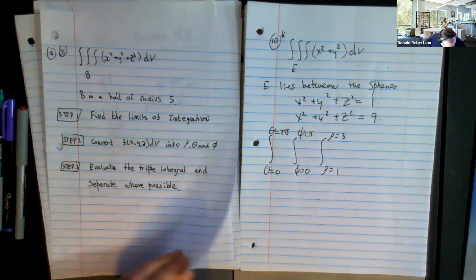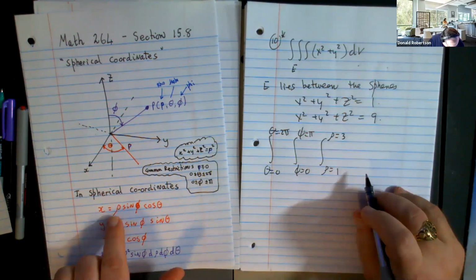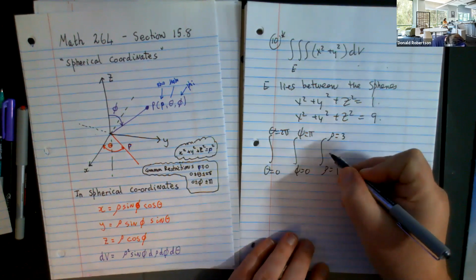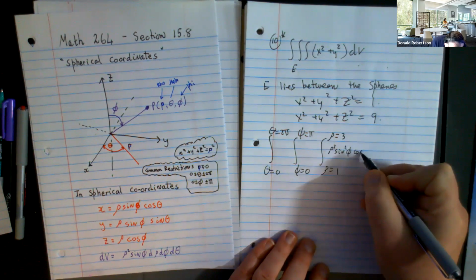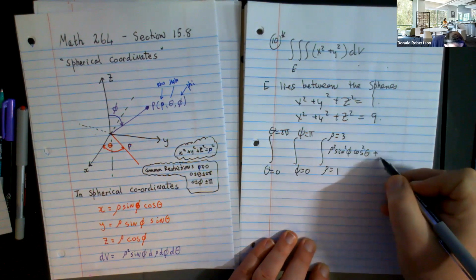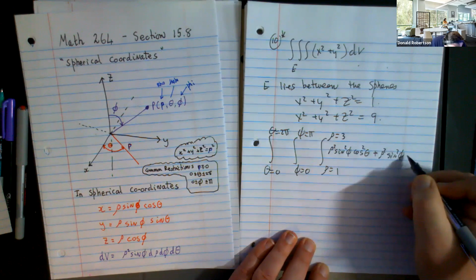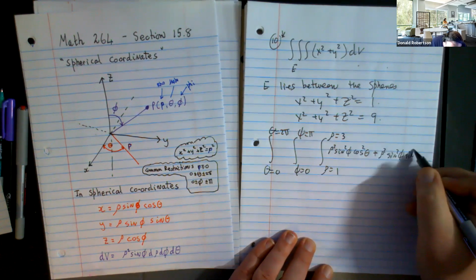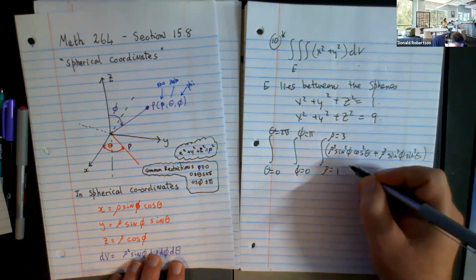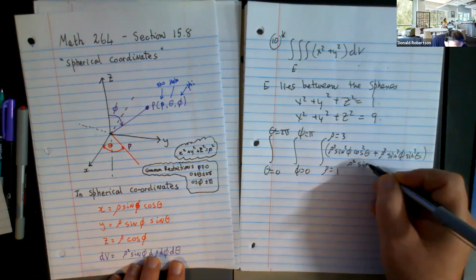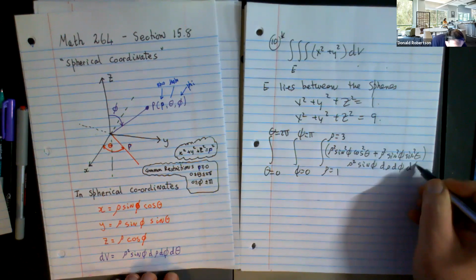Now, the x squared plus the y squared is basically these two squared. So it's going to be x squared, which is that guy, plus y squared, which is all of that. And then, don't have enough room, followed by a rho squared sine phi d rho d phi d theta.